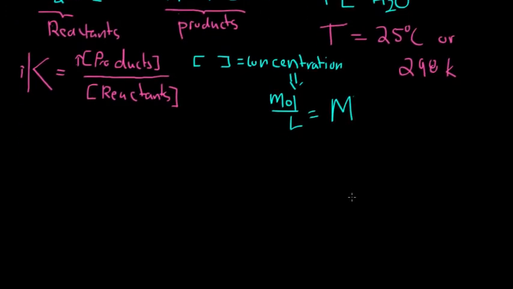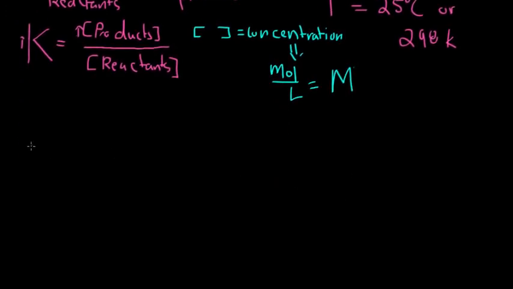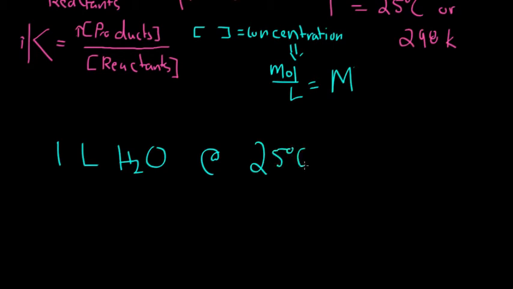The good thing about calculating this K for water is that we don't actually have to do any lab measurements because they've already been done for us. For 1 liter of water at 25 degrees Celsius, there is 10 to the negative 7 molar of H plus.